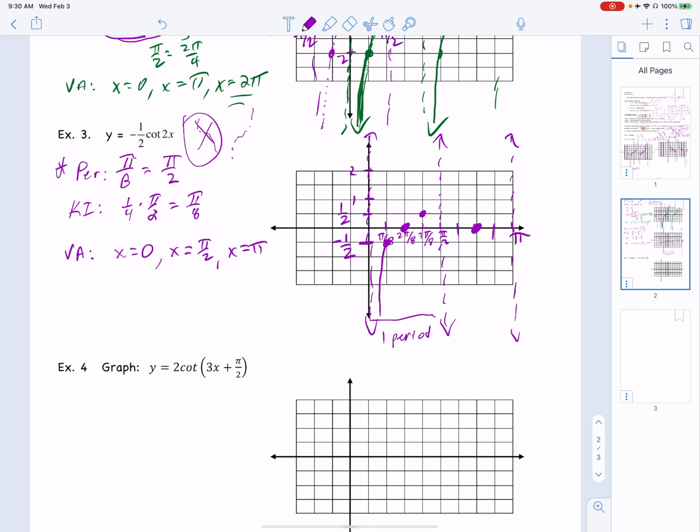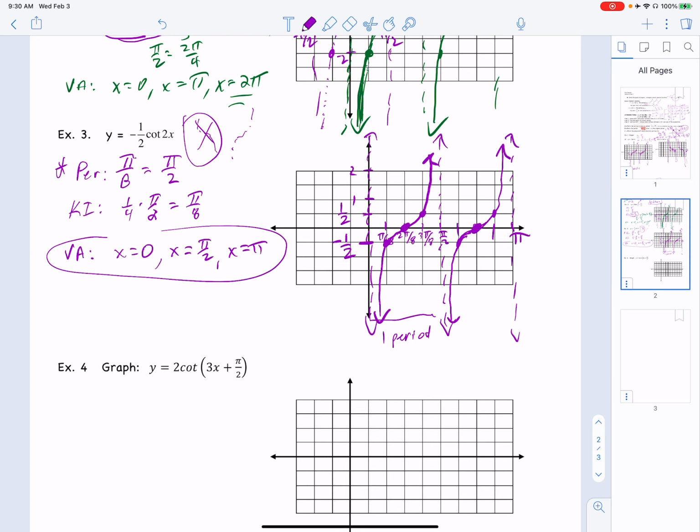And so without showing the scales, I would never know what you graphed. And you can't get credit because it looks the same. So there you go. There's 2 periods. And you'll be needing to give the equations of those vertical asymptotes as well.